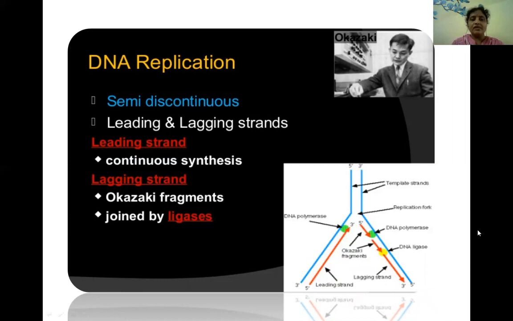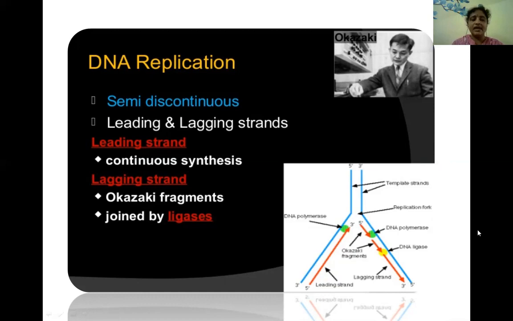In the semi-discontinuous model, leading and lagging strands are very important. During this replication, one of the newly synthesized strands is the leading strand. It is continuously extended by a single primer.